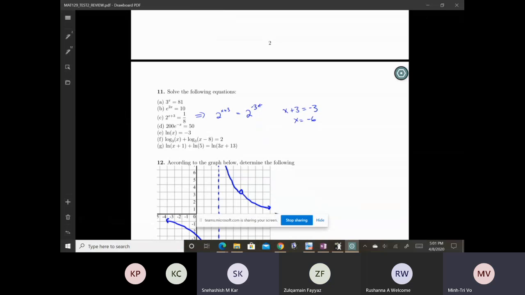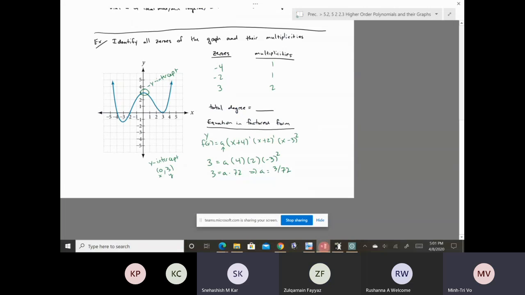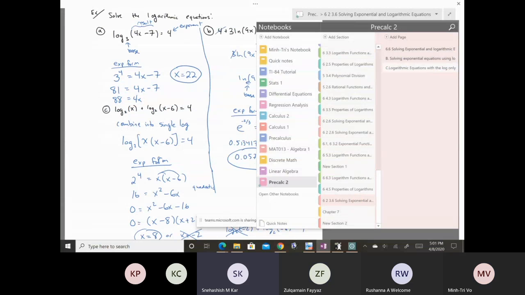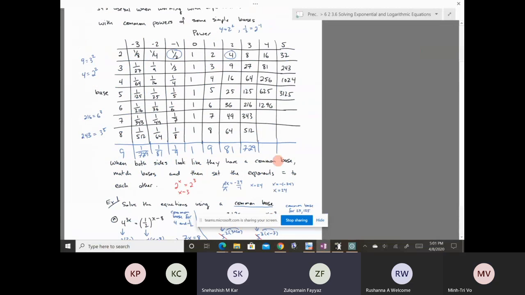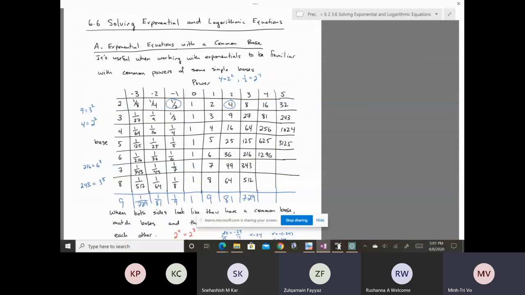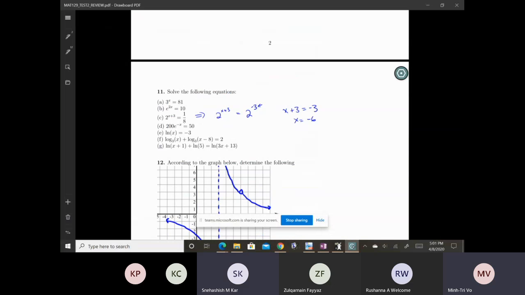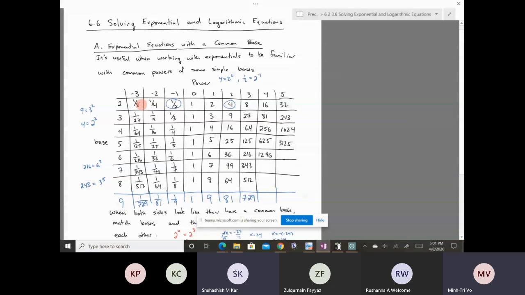I need a lifeline. So there was the table, the multiplication table, right? So what are we looking for? Base 2, and we want to figure out the power for which number? The number is 1/8. Right, and then just match it up. On the table, when you have 1/8 in the powers and the base is 2, what is the exponent?